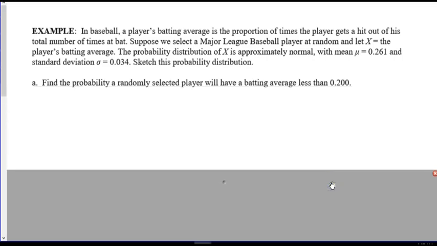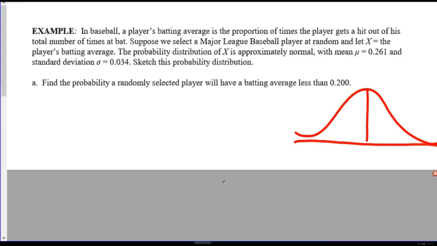I'll just kind of do that over here. There's not a lot of space. So that goes right here. The mean is 0.261. I need to go thinner. Now, if the standard deviation is 0.034, I'm going to take 0.261 and add 0.034.